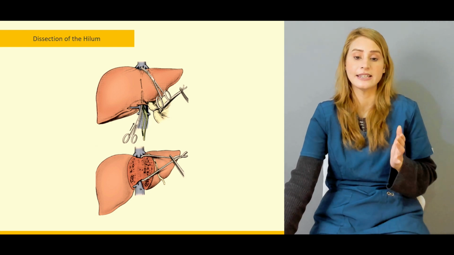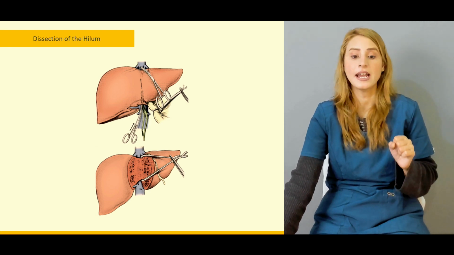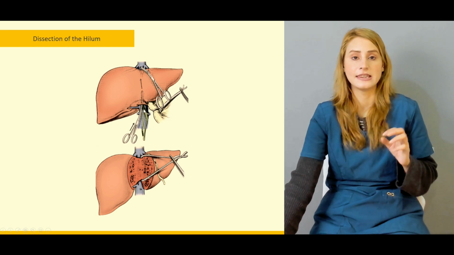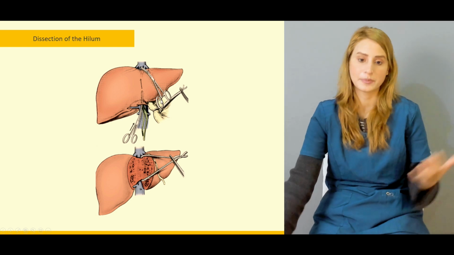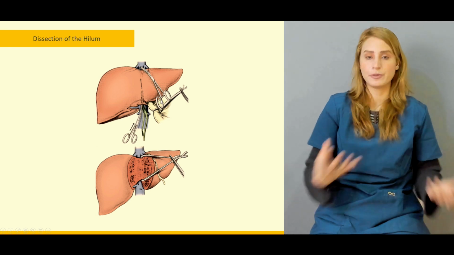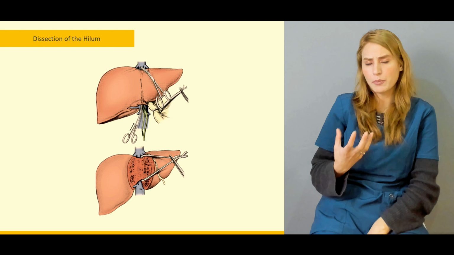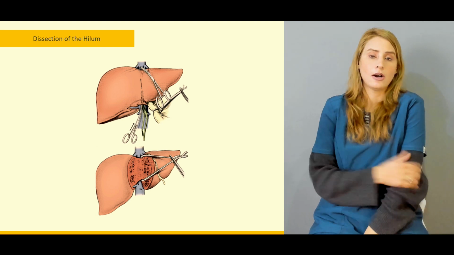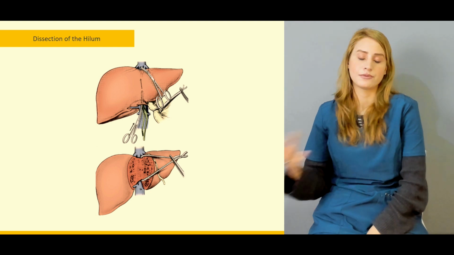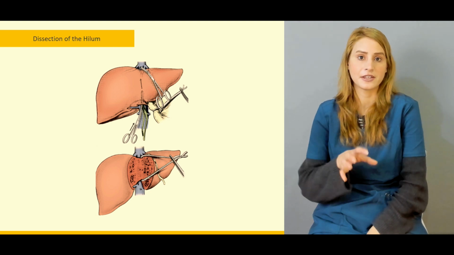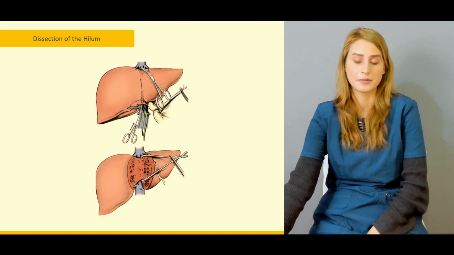You need to ligate the common hepatic artery, the portal vein, and the common bile duct, or common hepatic duct, because you're high above the liver, so there would be no common bile duct. But sometimes, when you are already done with the ligation of the cystic and you separately ligate the hepatic, then obviously there would be no influx to the common bile duct.